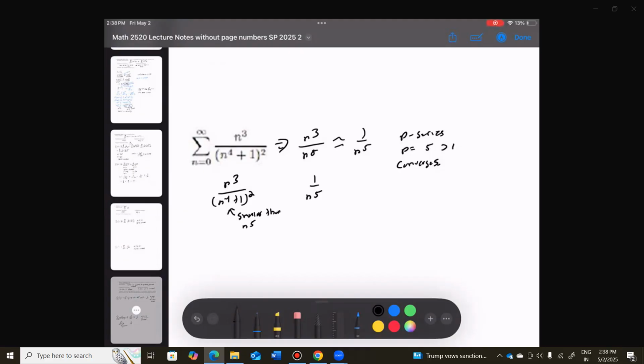Which means, when you cancel out the numerator with that, we're looking at something smaller than n squared. Right? And so because the denominator is smaller there, it's going to be larger. So this one's larger than 1 over n to the 5th. And so if this 1 over n to the 5th converges, then n cubed over n to the 4th plus 1 squared, which is greater than it, has to converge.